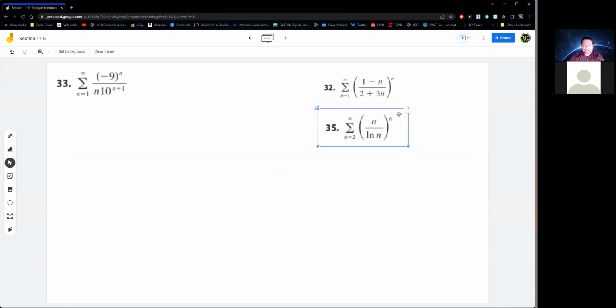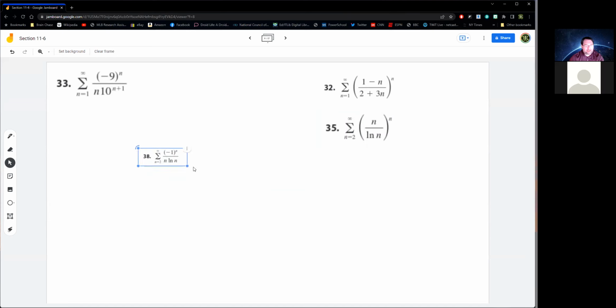Root test. Because see how they're all, the whole problem's raised to the nth power. Those are the types of situations where that's going to be helpful to you.